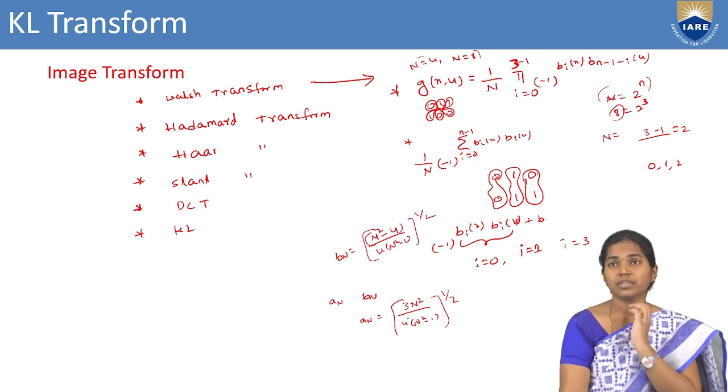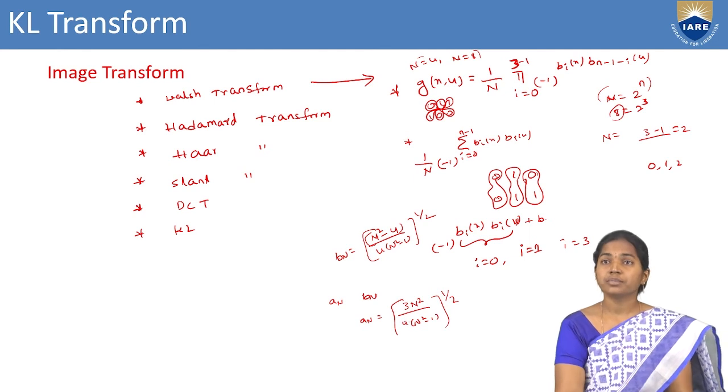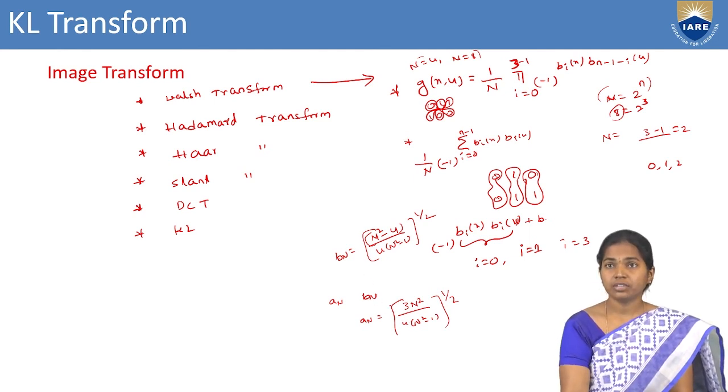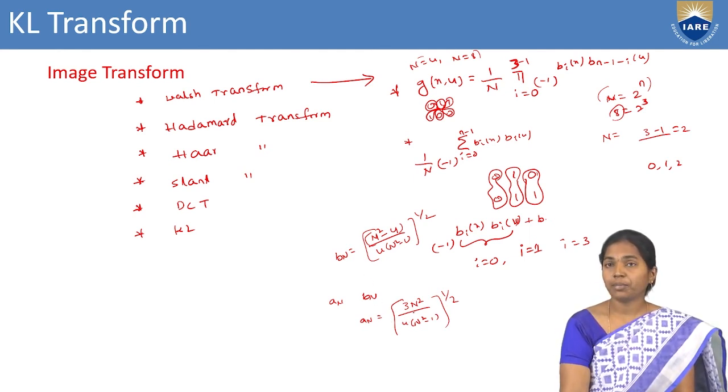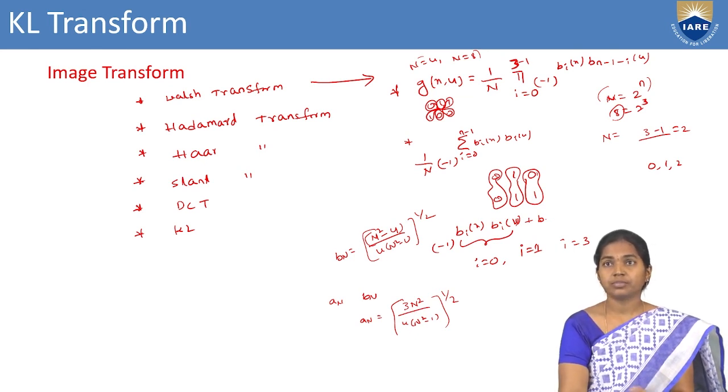So with the use of this, if capital N equals to 4, substitute n value in this equation, and if capital N equals to 8, substitute the values here. Based on these values, substitute in matrix.